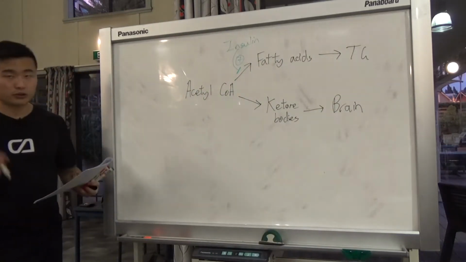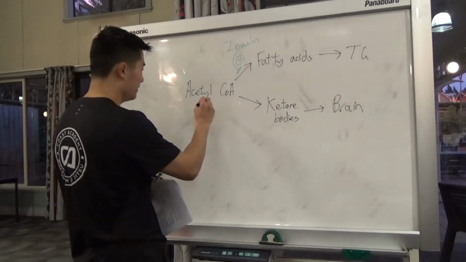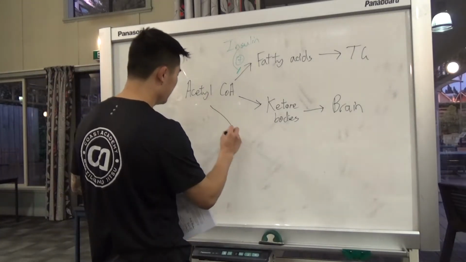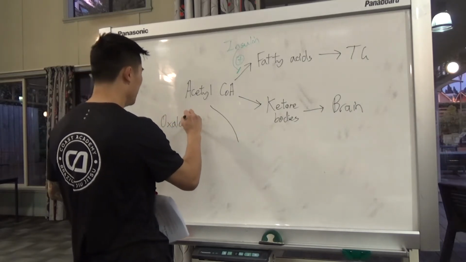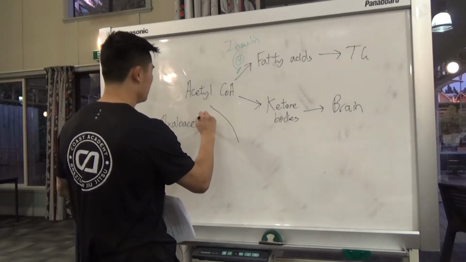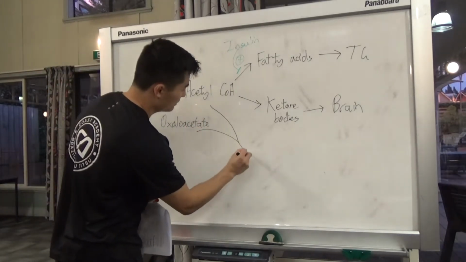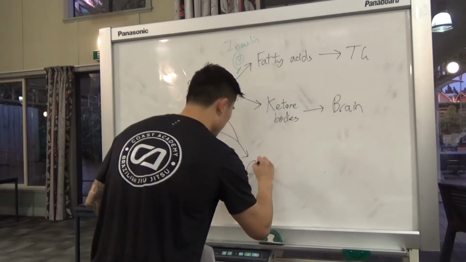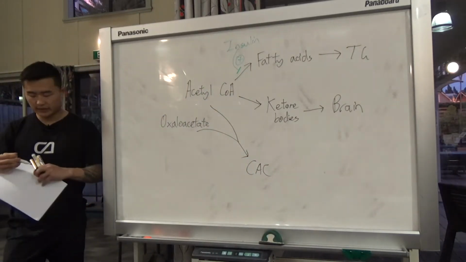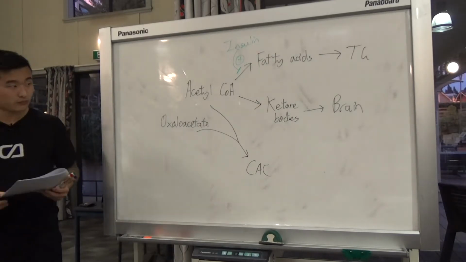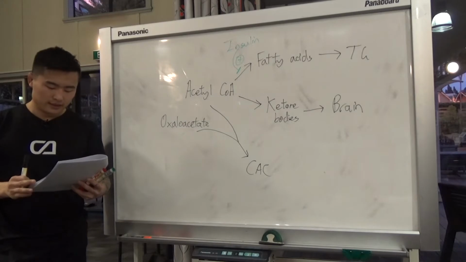Okay, so we'll talk about that a bit more. And then the other way that it can go is it can combine with oxaloacetate, right? And then enter the citric acid cycle.